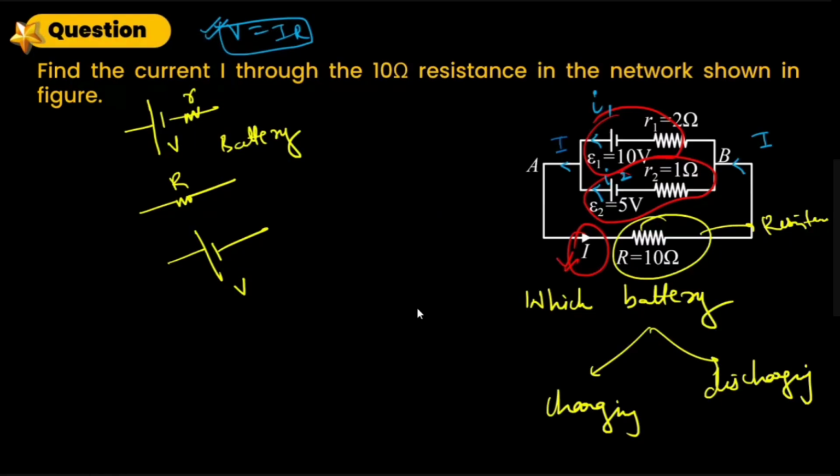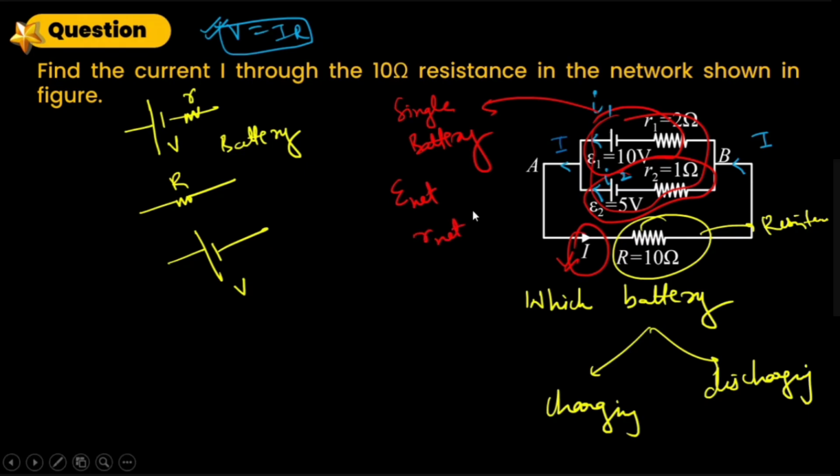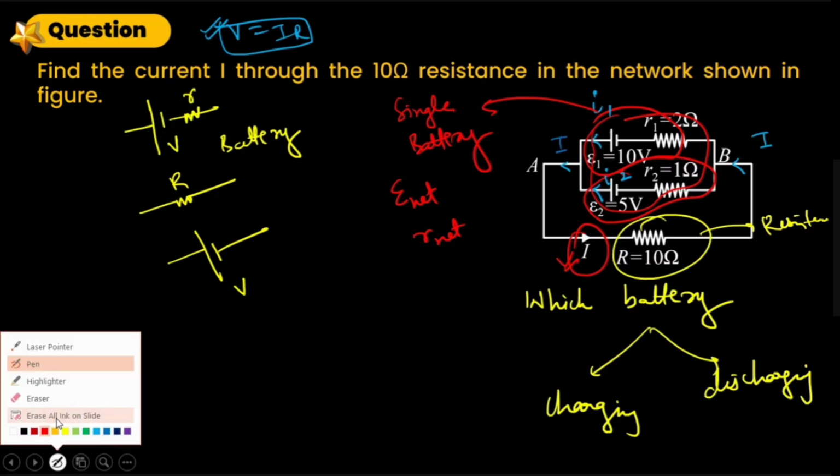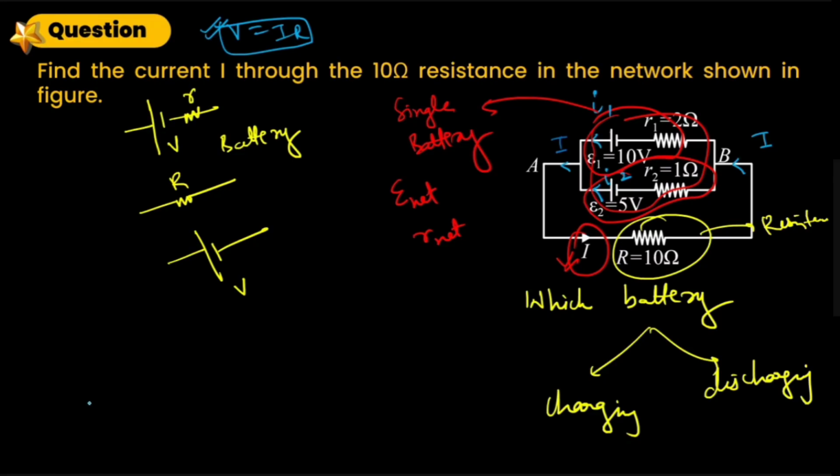So here, what we can do is we can assume these two batteries as a single battery. And that single battery must have some E net and must have some R net. Now, how can that E net, or the net EMF, or the net internal resistance be calculated? This is something we need to learn.